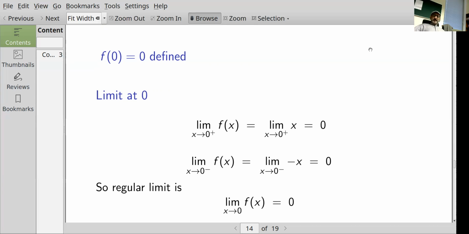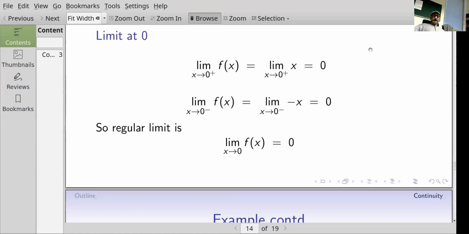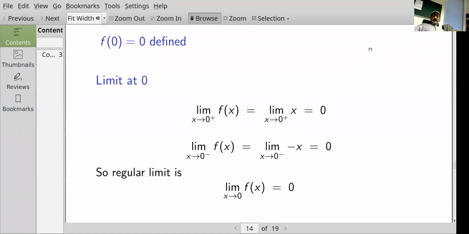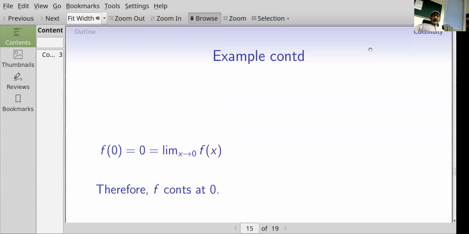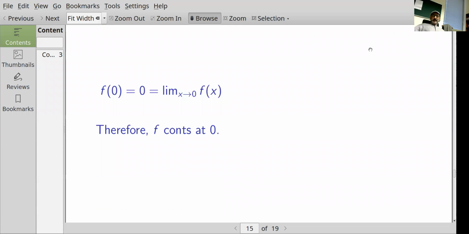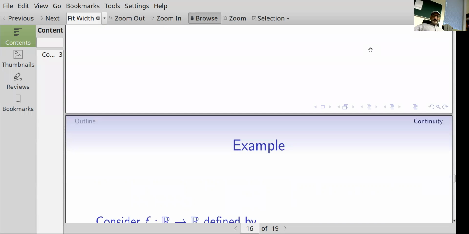So the limit as x goes to 0 of f of x is equal to 0. The function is defined at x equal to 0, the limit value also exists, and the limit value and the function value agree with each other. So therefore, f is continuous at x equal to 0.